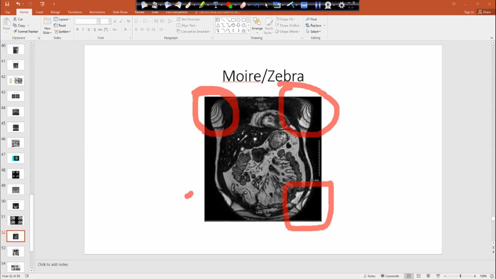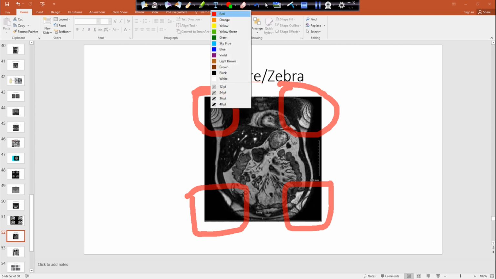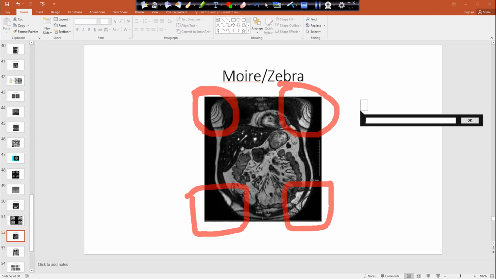And then also, what is outside of this image here that is usually laying right against the side of the patient? Their arms. So it's a combination of two artifacts, the zebra. It's misregistration and oversampling, or phase ramp. So zebra is really a combination of two artifacts.